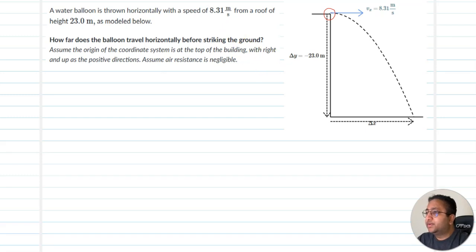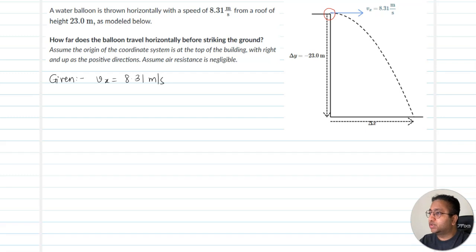So what we'll do is we'll first write down the given data. The horizontal velocity Vx is 8.31 meter per second. Now this is the velocity with which the ball is thrown horizontally. We have been also given the height of the building is 23 meter. Now just imagine that you're standing at the roof of the building.